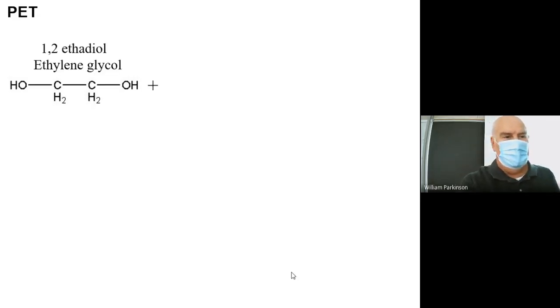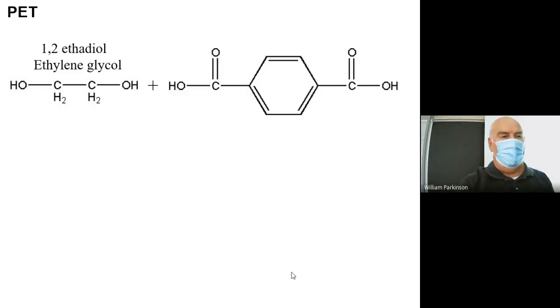If you connect this stuff, which is ethanediol, which is an alcohol with two OHs on it. Okay, so this is an ethene chain that has alcohol groups. Alcohol groups are OHs. And you connect it to this other stuff, which again, I wouldn't expect you to know what this is, but it's known as terephthalic acid.